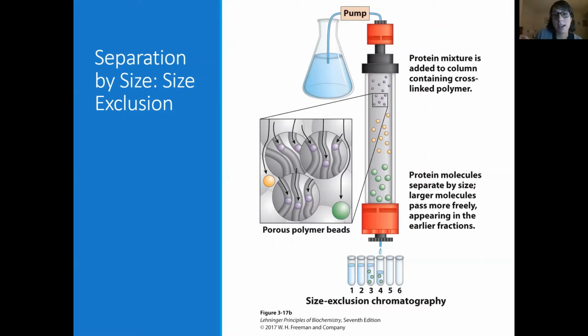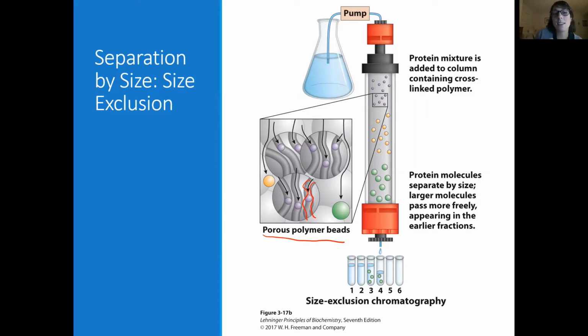What happens is that the beads of the polymer itself are porous, and these beads, if you were to zoom in on the polymer, have these tiny, small tunnels in them. Those small tunnels entrap very small proteins, but the very large proteins do not get entrapped as much.